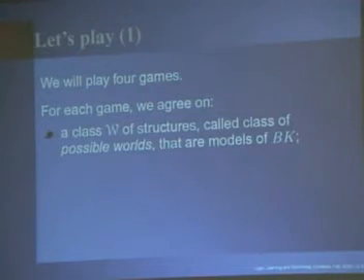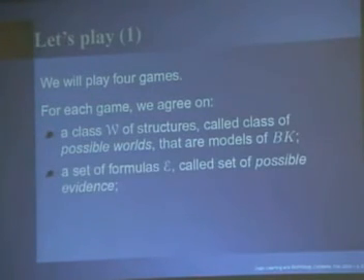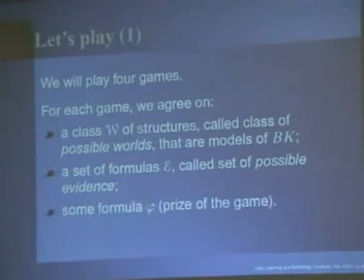So the game will be set up like this. We will pick one of these structures, and then provide to the machine all the formulas from the possible evidence that are true in that structure, and the machine has to find out whether phi is true in that structure or not.